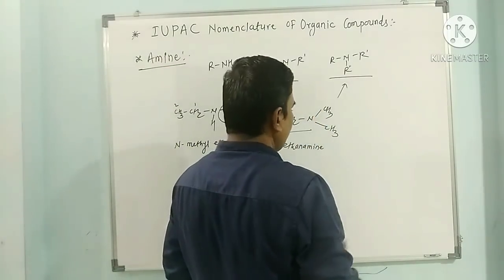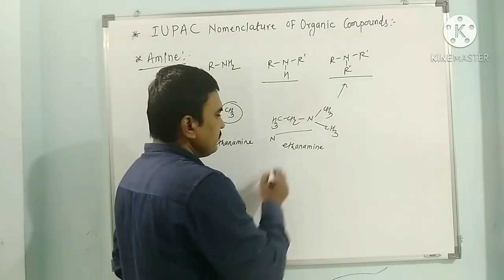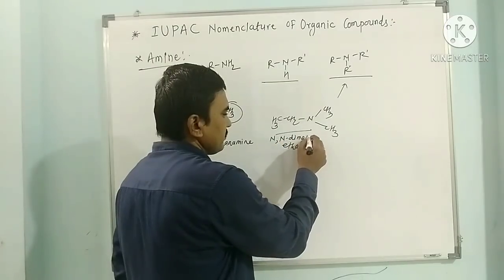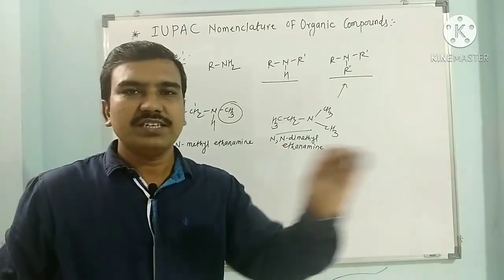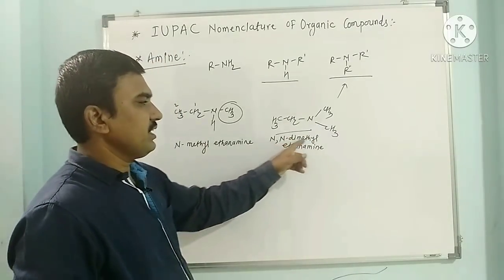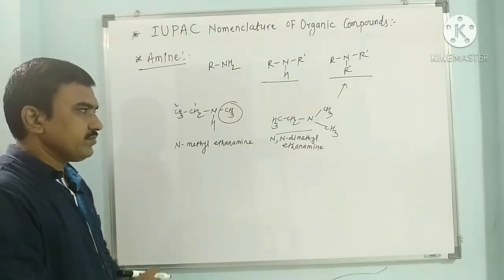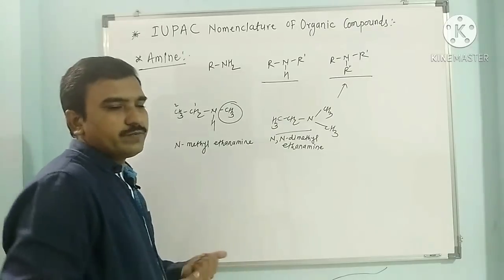So this is dimethyl, but here mention the position, N,N-dimethyl. So this is N,N-dimethylethanamine. This is the tertiary amine. So in this way we can have different names.